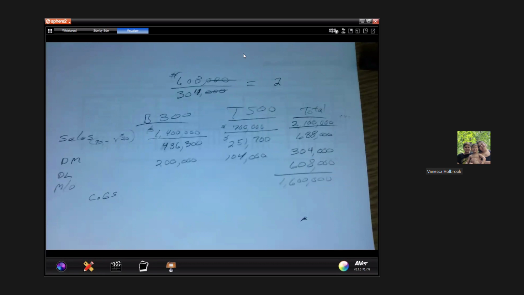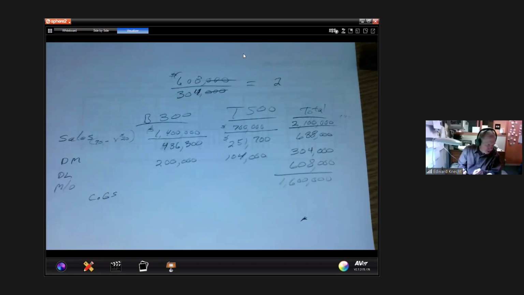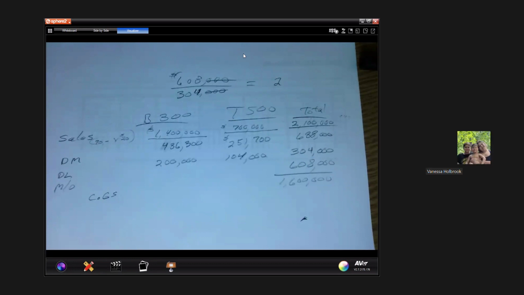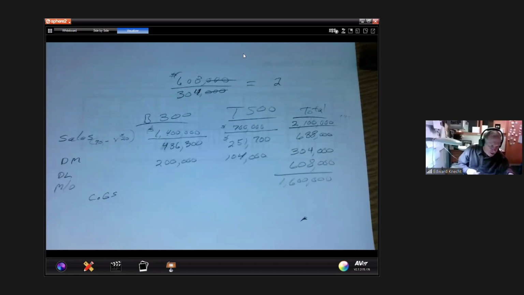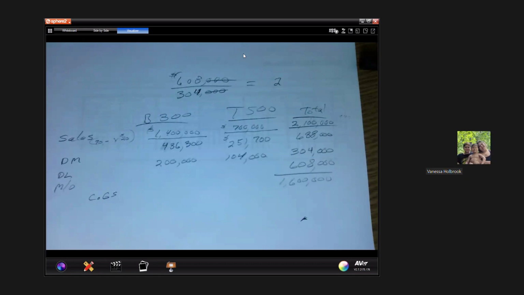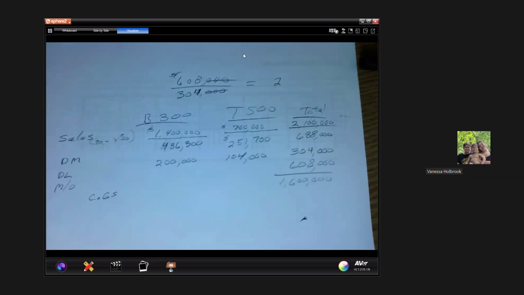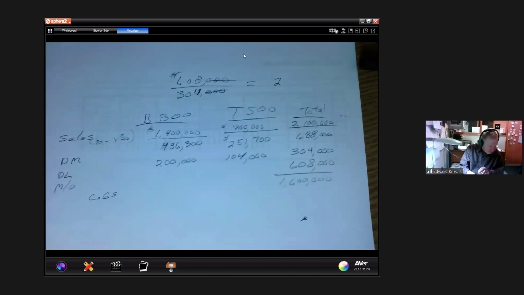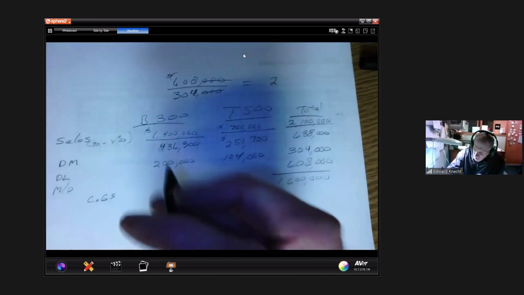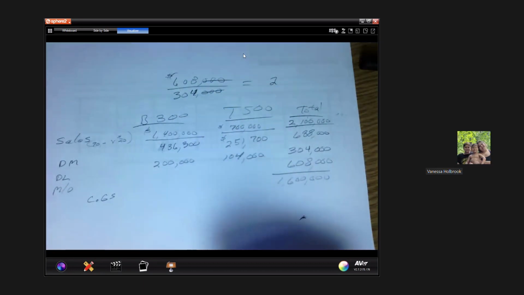So is that all they wanted in requirement 1? Let's read that. Use exhibit 7-13 as a guide. Compute the product margin under the company's traditional costing system. So then our total manufacturing cost, when we subtract it from our sales, what do we get?